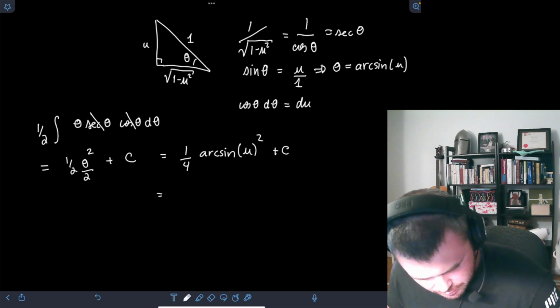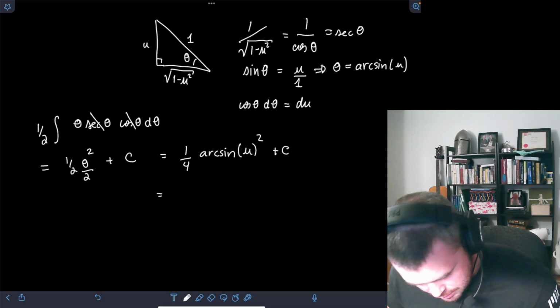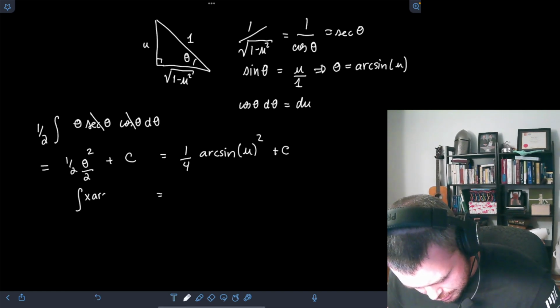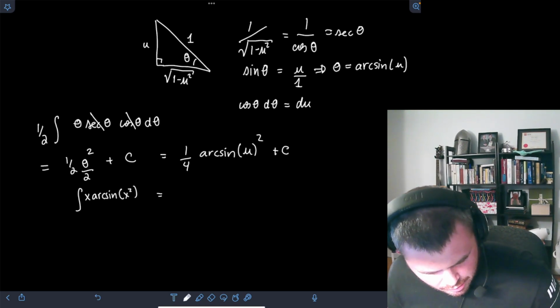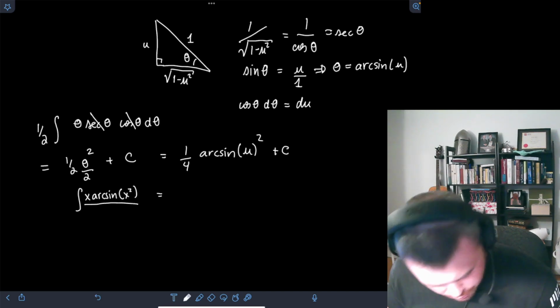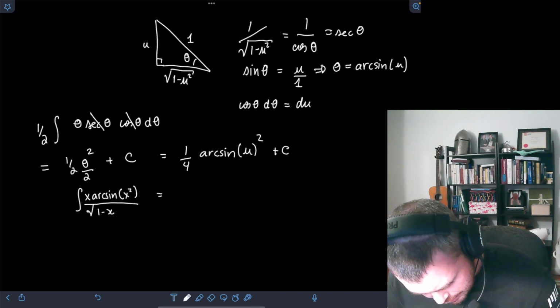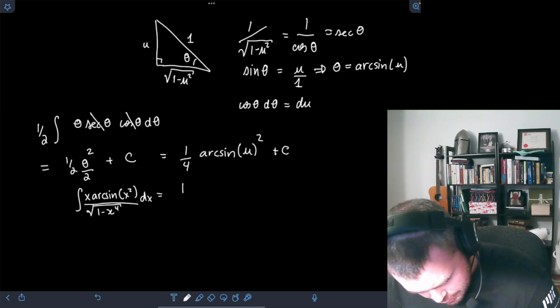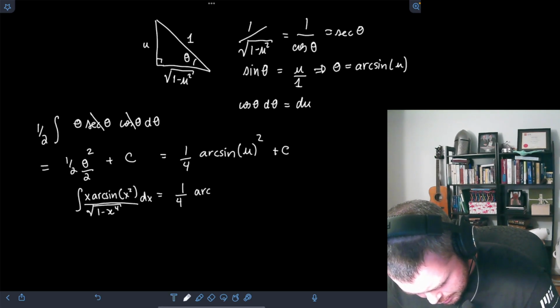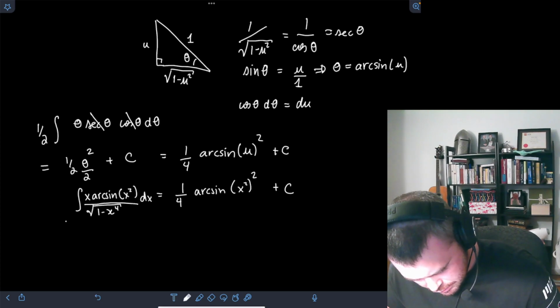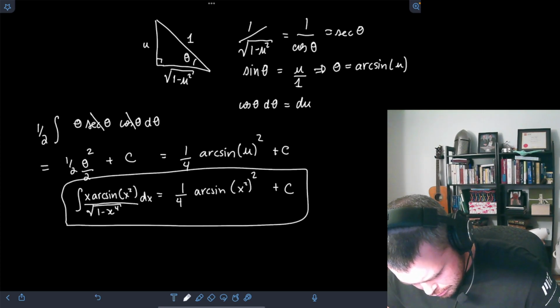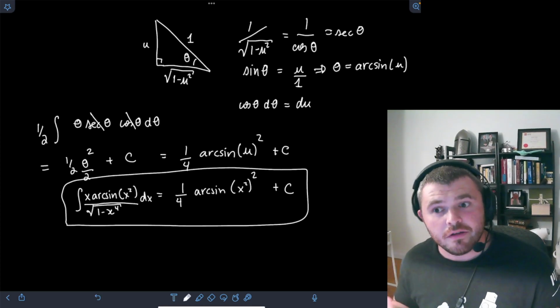So all in all, what we get is that the integral of x arc sine of x squared over square root of 1 minus x to the 4th dx is equal to 1/4 times arc sine of x squared all squared plus c. And that is the final answer.